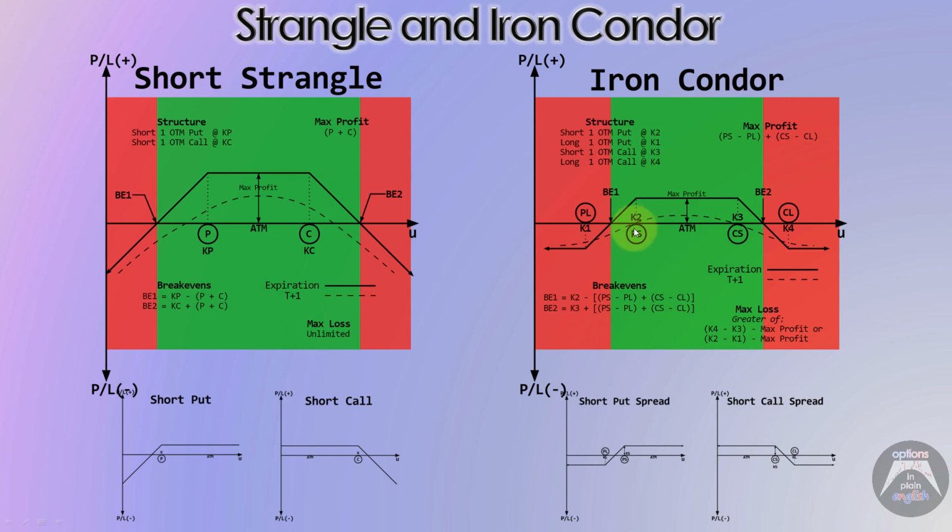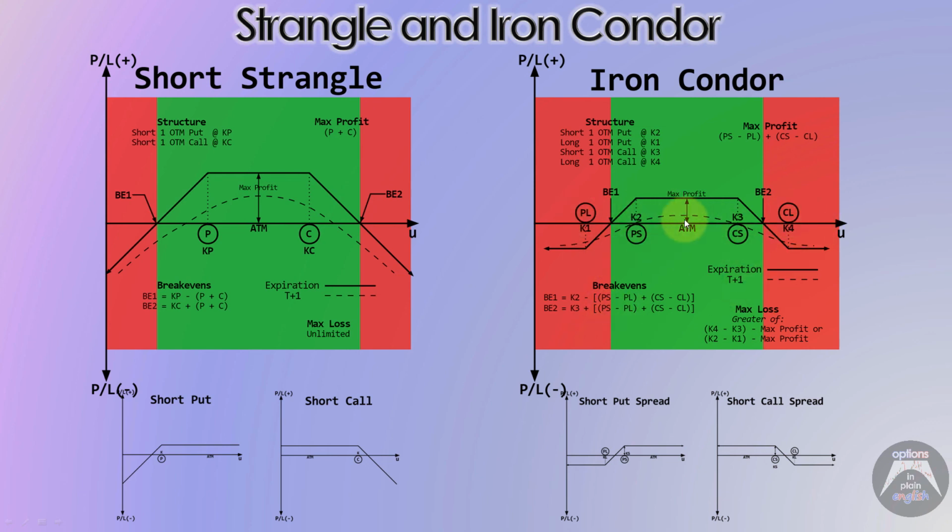Another way you can look at this, and maybe this is going to confuse you, so if that's the case, just ignore this, is as a short strangle and a wider long strangle. Because here you're buying the long put and you're buying the long call here.